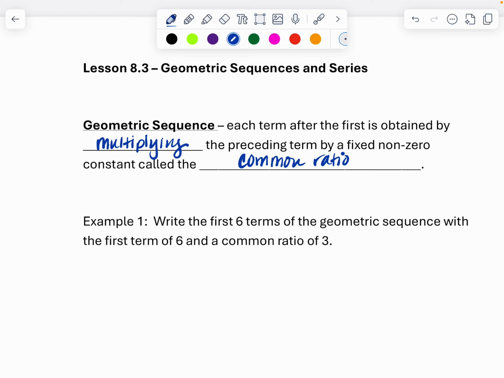With an arithmetic sequence, we had a common difference that we added or subtracted each time. With geometric, we have a common ratio, called R instead of D. The easiest way to get it is to take the second term and divide by the first, or the third term and divide by the second. Really it's just any term divided by the previous term.